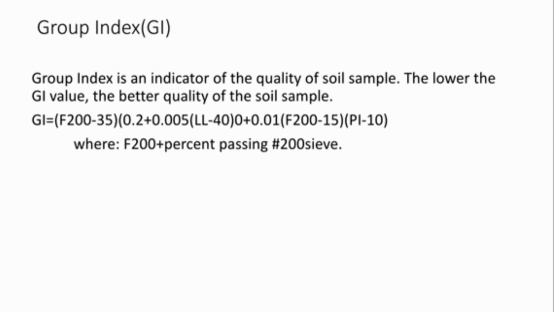GI equals (F sub 200 minus 35) times [0.2 plus 0.05 times (liquid limit minus 40)] plus 0.01 times (F sub 200 minus 15) times (plasticity index minus 10), where F sub 200 is the percent passing number 200 sieve.